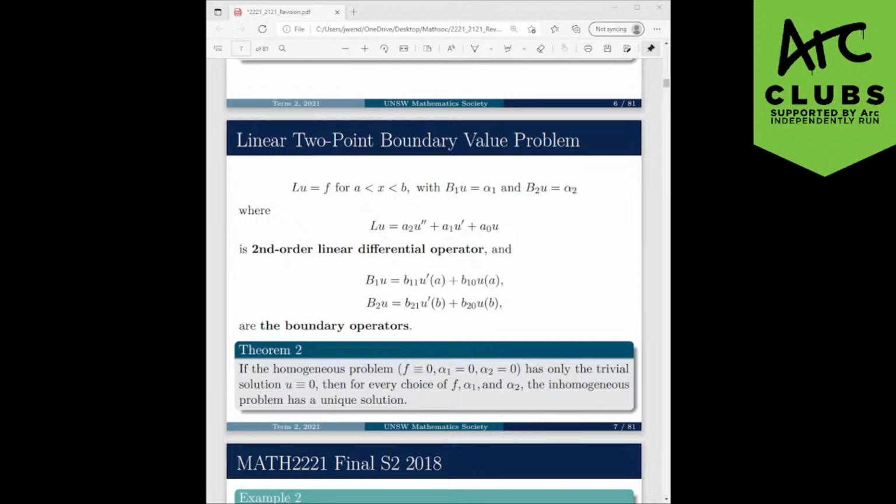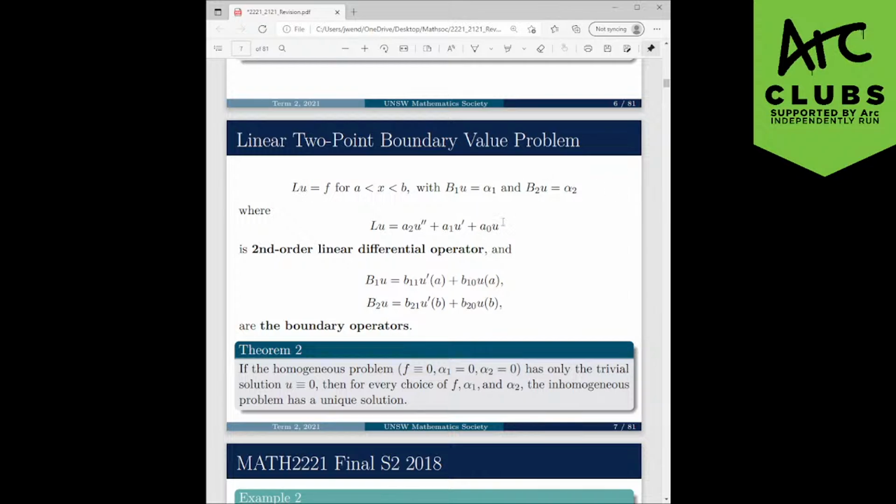Pretty much this is what it will look like, but remember it's second order because the highest derivative is of order 2. It's linear because none of the derivatives, u'', u', u, are raised to a power above 1. And the a2, a1, and a0 coefficients are just functions of x.